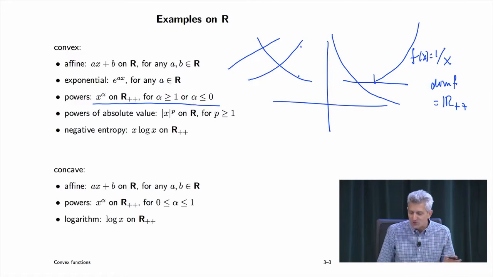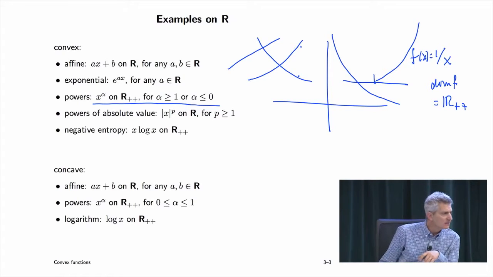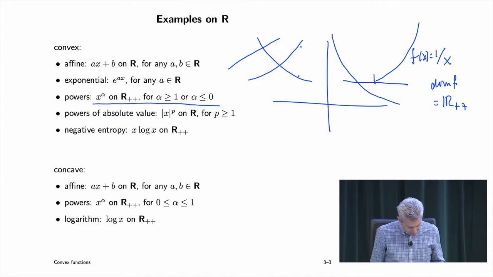Usually when we say 1 over x, and we'll see this for several other functions, we mean a different function, one that's not defined for x negative. Whereas, of course, 1 over x is quite well defined for x negative. What can you say about 1 over x for x negative? Convex, concave? It's concave.